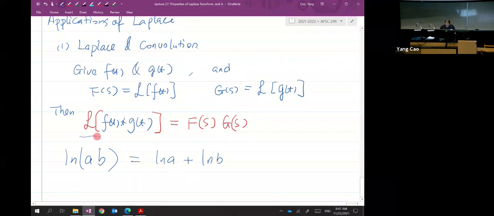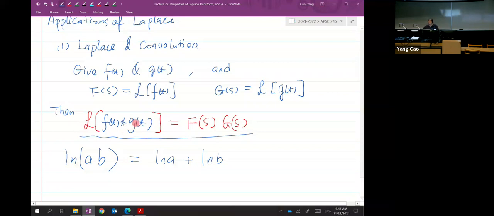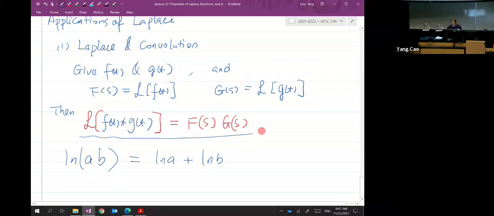So what this property or theorem is telling us is you can certainly calculate convolution in the time domain using the graphical approach, integrations, no problem at all. However, I could also take a Laplace of it and then calculate the multiplication of the two functions.